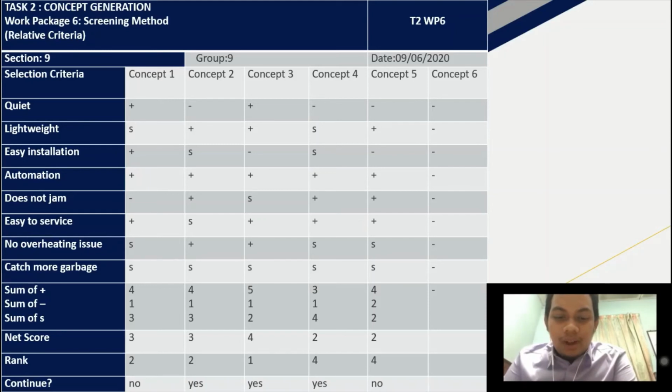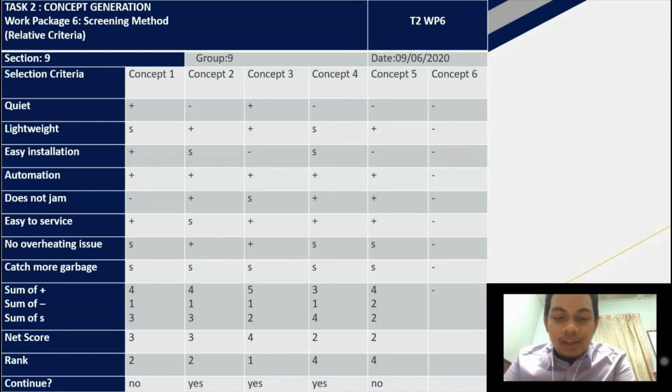For the criteria quiet, concept 1 and concept 3 are positive, meanwhile concept 2, concept 4 and concept 5 are negative. For lightweight, we got concept 1 and concept 4 as S, concept 2 and concept 5 positive, alongside concept 3.